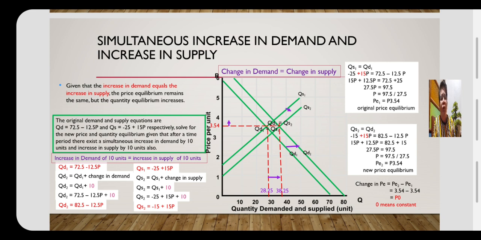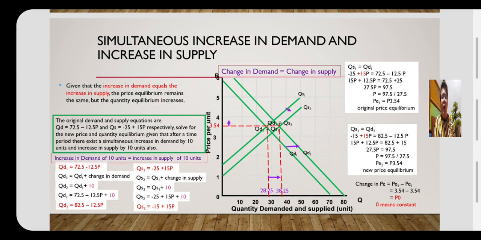For the new demand equation, we add the change in demand, which is an increase in demand by 10, to the original demand equation of 72.5 minus 12.5p. So the new demand equation now is 72.5 minus 12.5p plus 10. To simplify, it is now equal to 82.5 minus 12.5p. So that's the new demand equation.